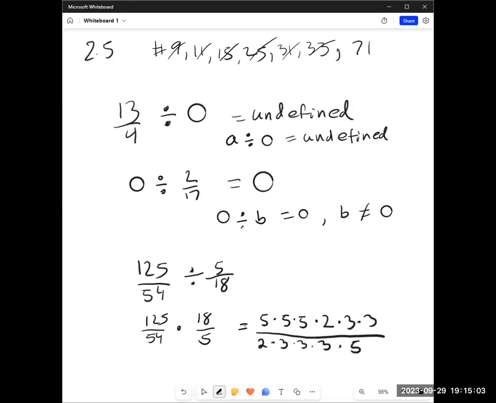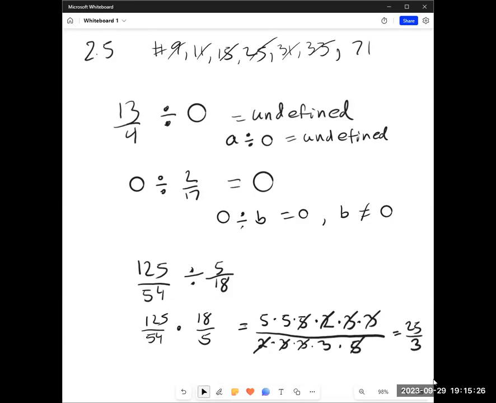We have a 5, so there's our prime factorization. This 2 and that 2 make a 1. This 3 and that 3 make a 1. That 3 and that 3 make a 1. And one of these 5s makes a 1. And I'm left with 5 times 5 is 25 over, and there's just a 3 left in the denominator.